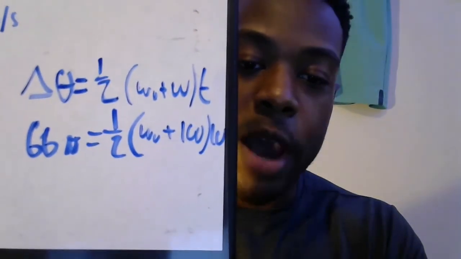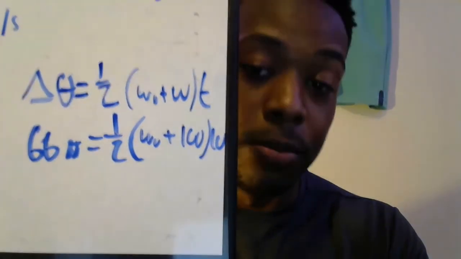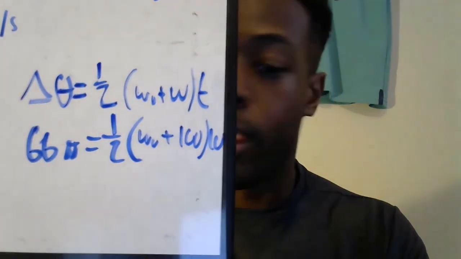So we've got 66 pi equals 1/2 omega initial, which we don't know, plus omega final, which is the 100 radians per second, times time, which is 10 seconds. This is what I'm looking at. That is my work. I'm going to do the math and solve for omega initial. So let's try it.